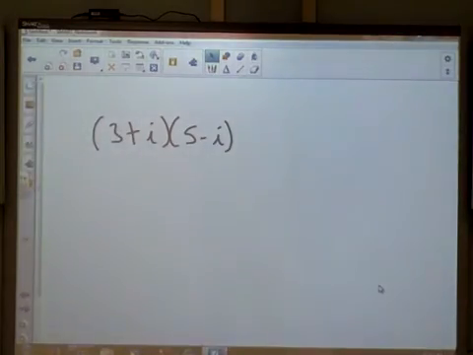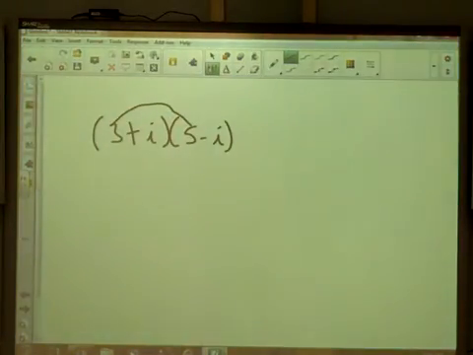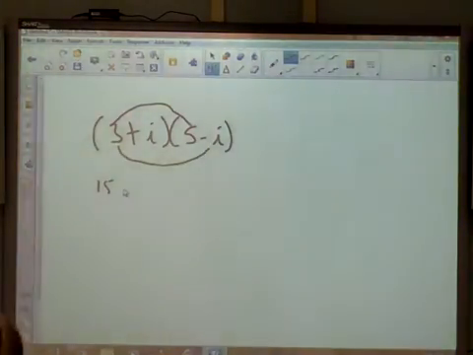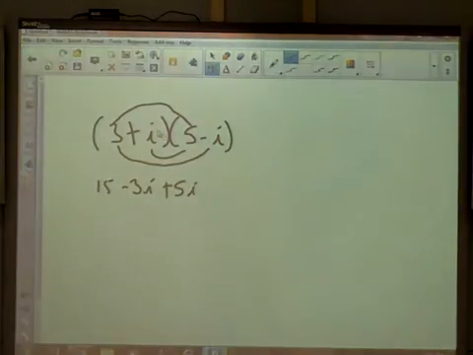What'd you get on your first? 15. Y'all pay attention. Malia, what'd you get on your outer? Minus 3i. What would I get on my inner? Positive 5i. And what would I get on my last?